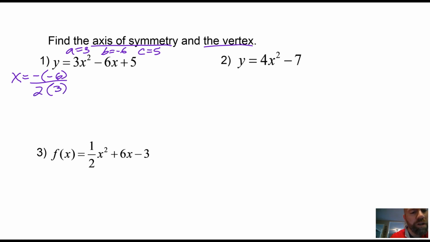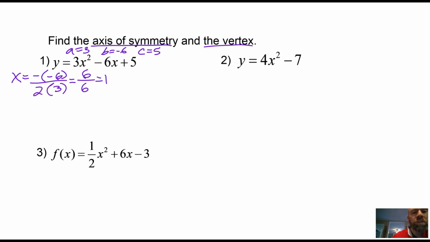A lot of kids, when they see that b is already negative, forget to put their negative out front as well. A negative times a negative is a positive, so I've got 6 over 2 times 3, which is 6 over 6, which is equal to 1.